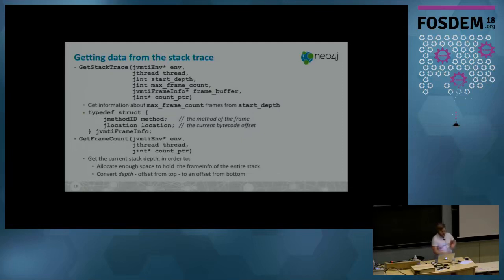So this will give us this little struct of information containing the method ID, which is a JNI reference to a method, and the current location, the current offset in the bytecode of that method where execution is currently at.